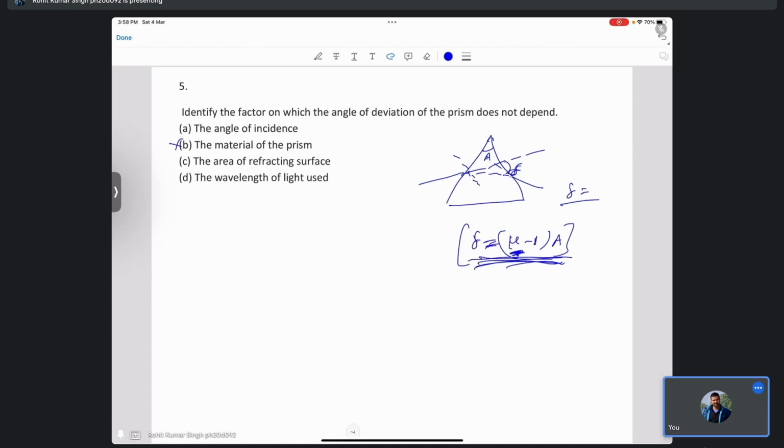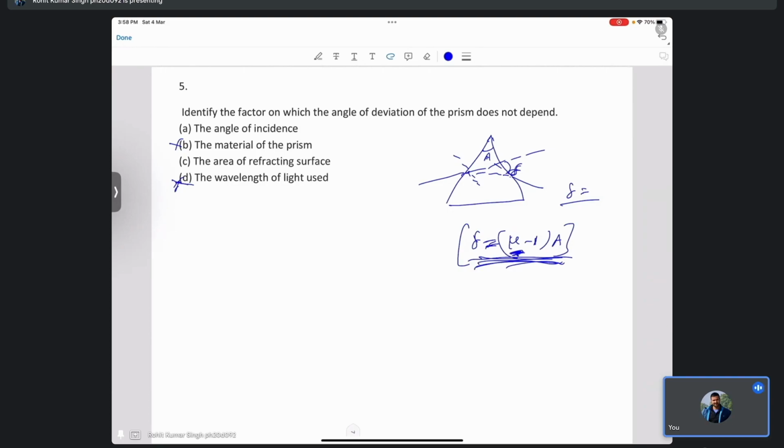So let me leave it. And the wavelength of light used. As I told you, the deviation for different wavelengths of light is different. So obviously this is also not true, because the refractive index of a material depends on the wavelength of light. Okay. So now we have A and C.